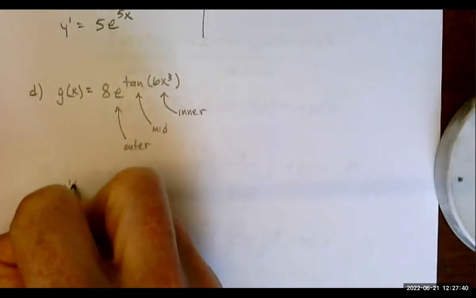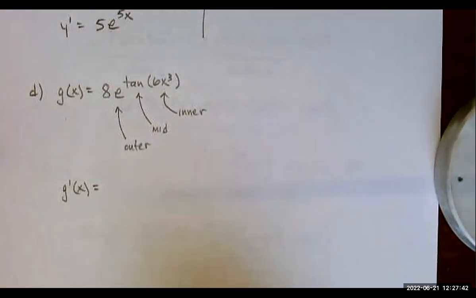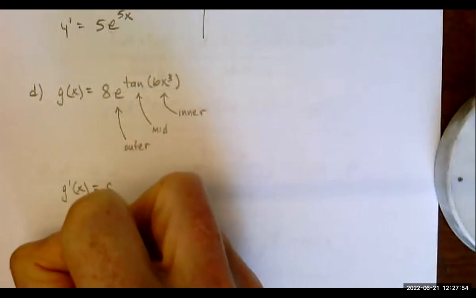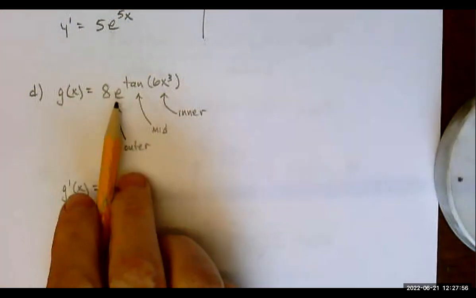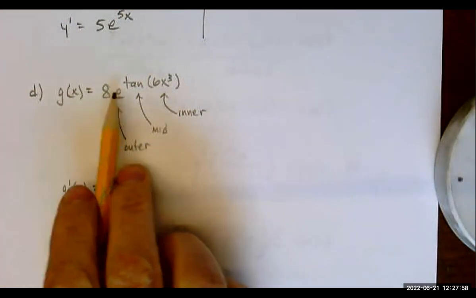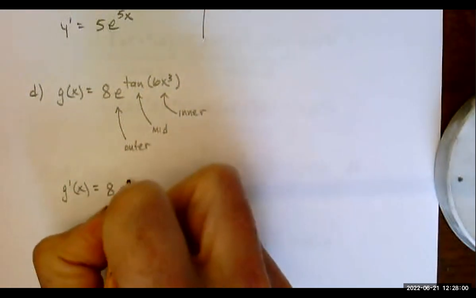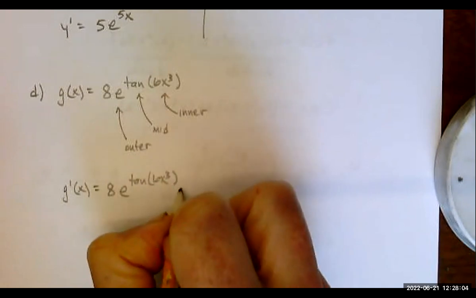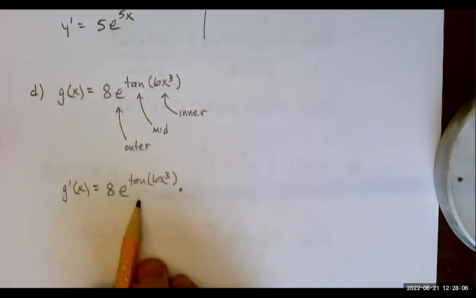When doing a chain rule with 3 layers, again, you go from the outside inwards. This one will have 3 links in the chain. All right, let's see how it works. So the 8's just going to copy down, constant multiple. The derivative of this e, we just copy everything: e to the tangent 6x cubed. There's the derivative of the outermost.